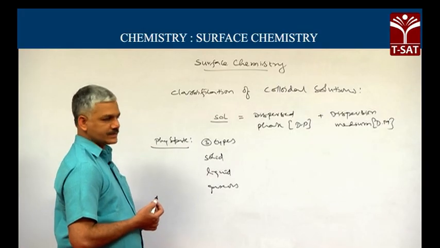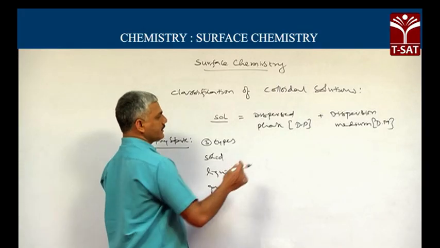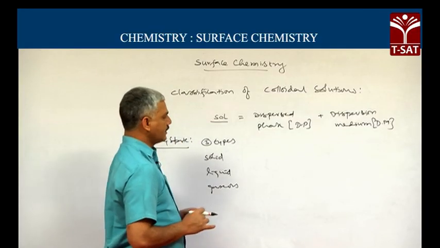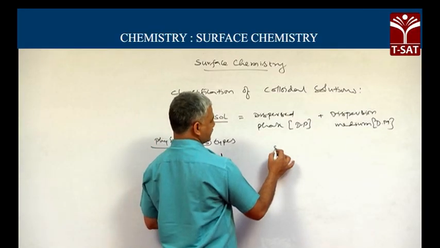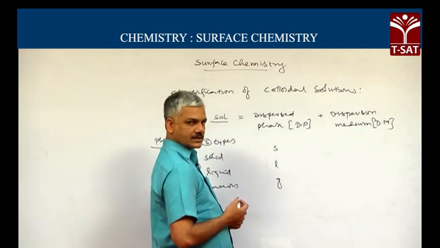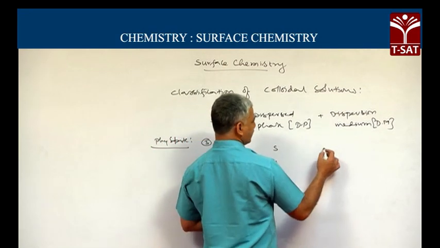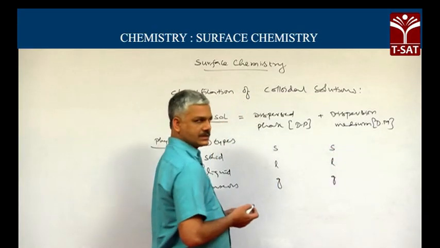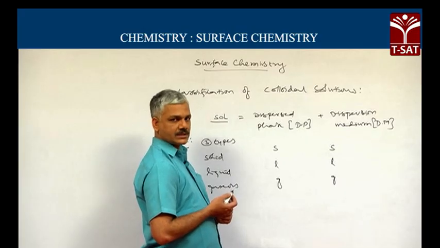If we make use of the physical states of dispersed phase and dispersion medium, then dispersed phase can exist in either solid state, liquid state or gaseous state. Similarly, dispersion medium also can exist in either solid state, liquid state or gaseous state.